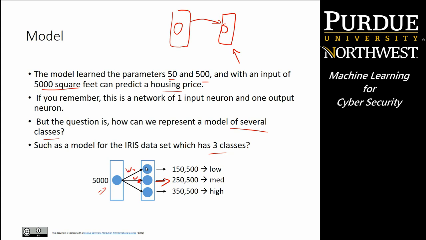If we figured out another W1, right, plus a bias over here, we could get 150,000. Do you see that? And we could do the same with this one, W3. We can predict 300,000 or 350,500.